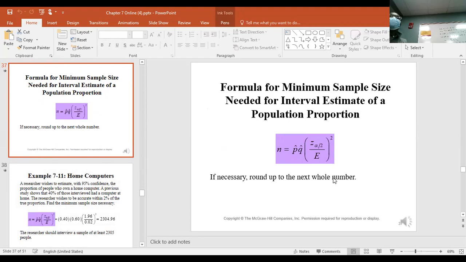When we are dealing with proportion, we can also consider the minimum sample size.